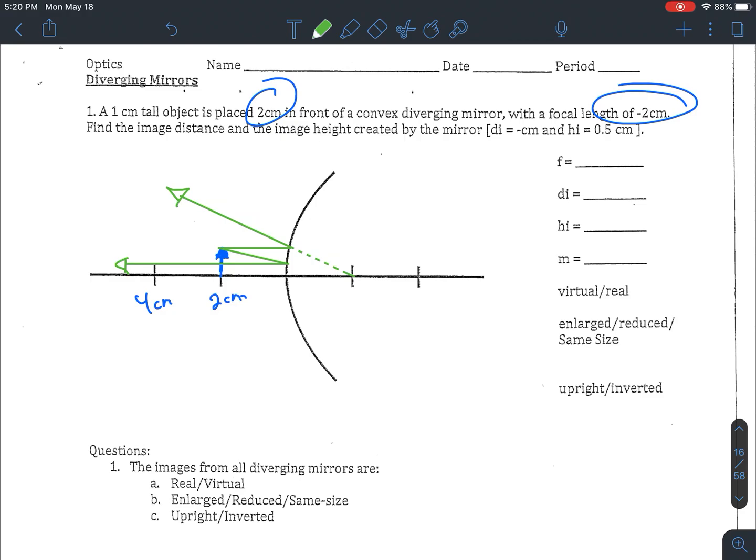And the center is the same rule. It's appearing to come from that center of curvature. Sorry, my arm slipped. So it's appearing to come from here. So I'm going to cheat again and say it's here, and that light would continue this way. Depending upon how you want to draw it, it is appearing to come from that line.